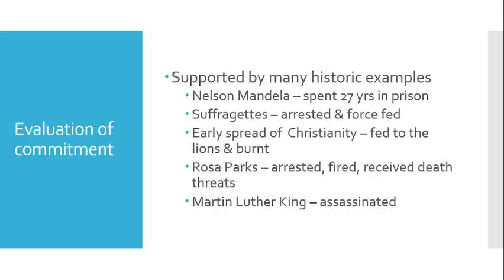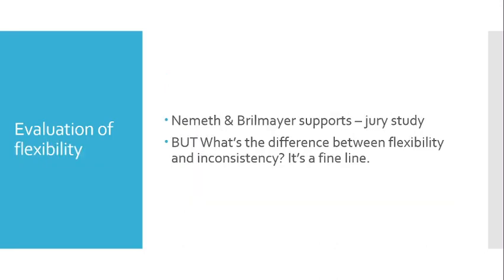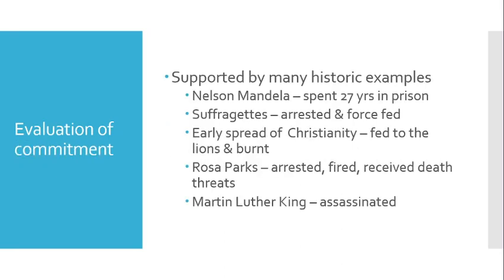So that's just the list of those people. That shows the fact that we've got many historic examples to back up the idea of commitment being persuasive. That supports the idea of commitment and its role in minority influence. And you wouldn't need to, by the way, learn all of these. It would be absolutely fine to learn one or two examples of these that you could talk about really well.